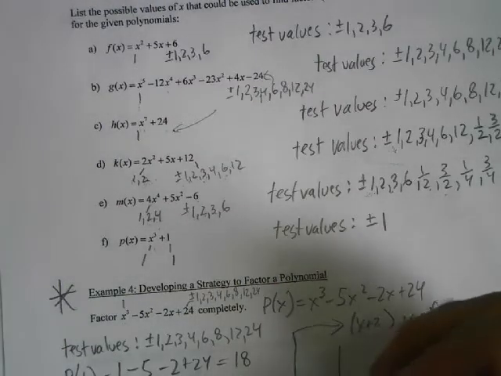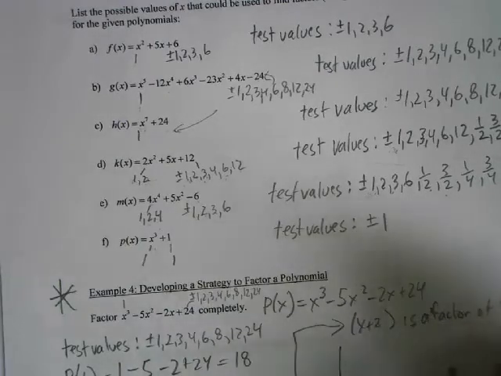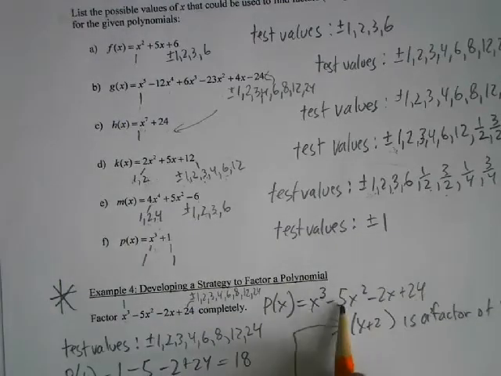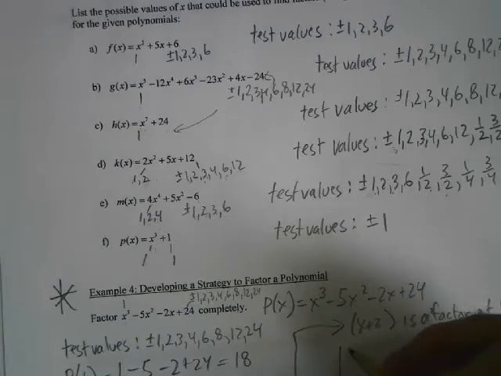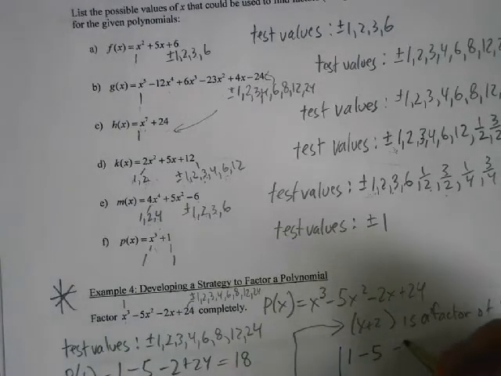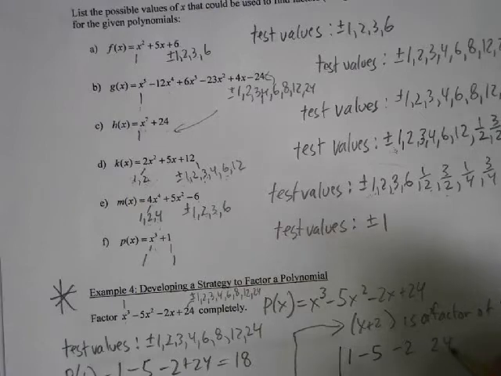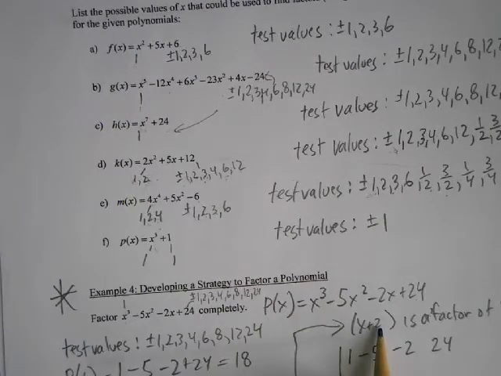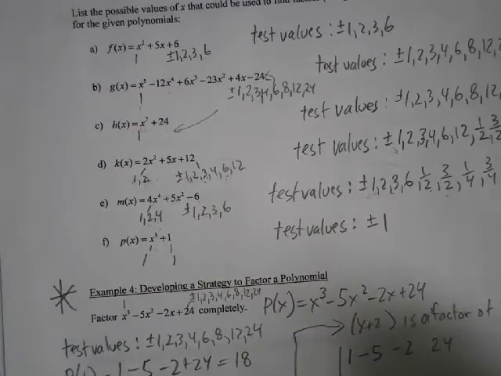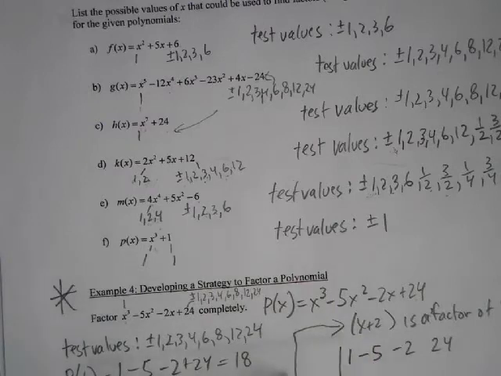So I'm going to do a synthetic division. So remember, it's the coefficients that we put across the top. So that's 1, negative 5, negative 2, and 24. And we already know we're going to get a remainder of 0, or we should, because we've already found the remainder when we did this. Okay, and what are we putting over here?